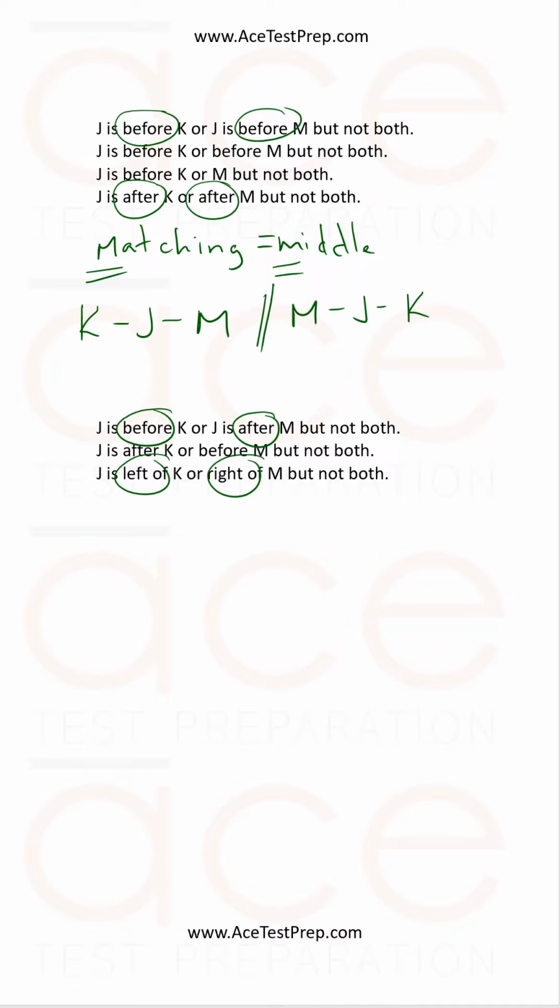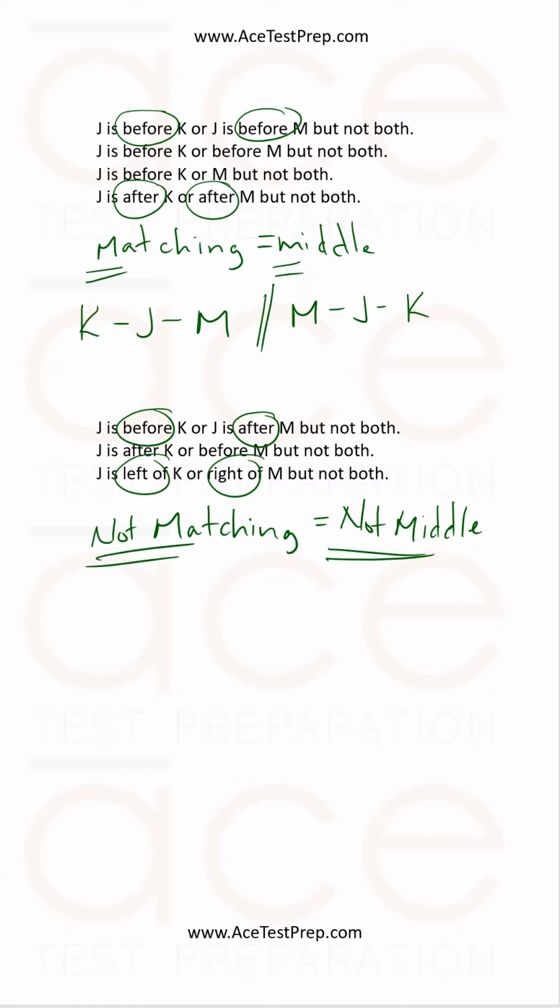Now, I think it's a little trickier when the words don't match. But if we follow our pattern here, the rule is when it's not matching, then J is not middle. So matching is middle, not matching is not middle. And what that means is if you only have 3 things and you're not in the middle, well, then you're either first or you're last.